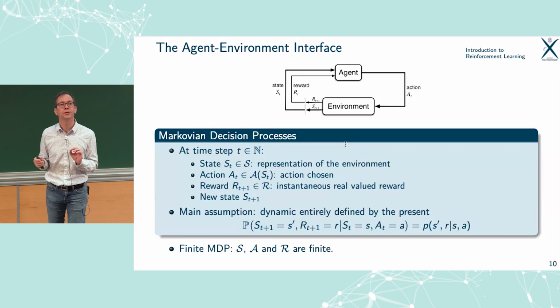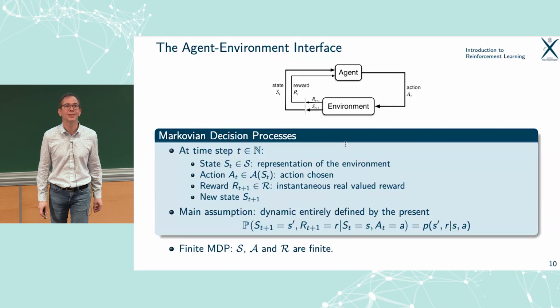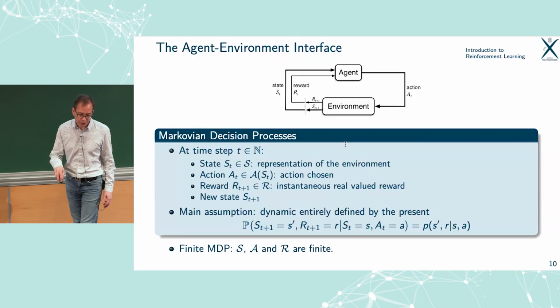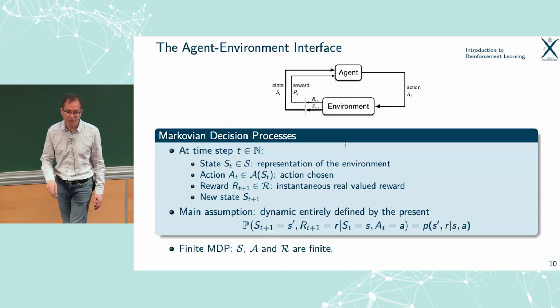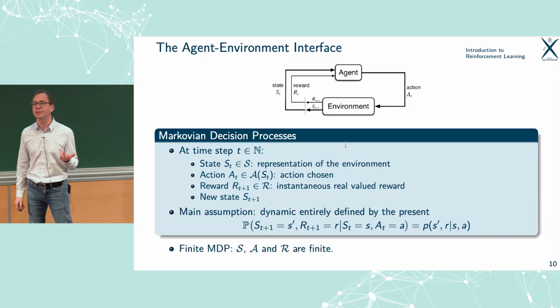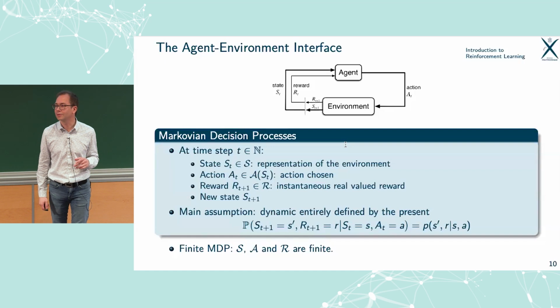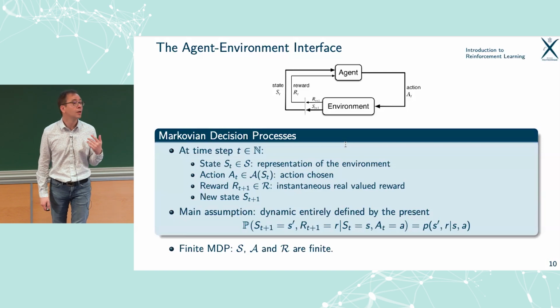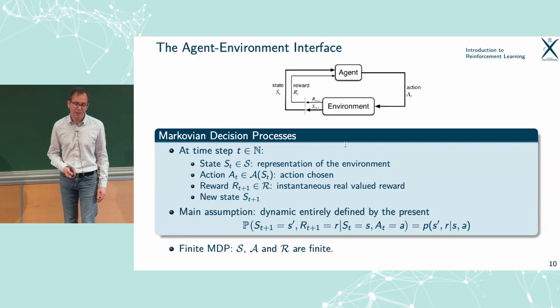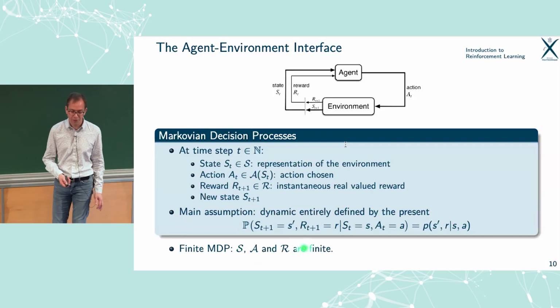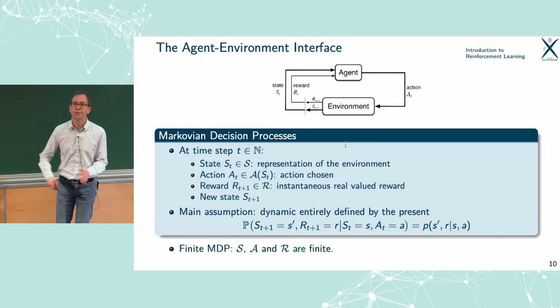I'm going to add a further assumption, which is slightly more technical. I'm going to assume that everything is finite. So the set of states, the set of actions, and the set of rewards. The main gain is that we can write sums instead of integrals. That's going to be really a detail of the story with respect to the reward.